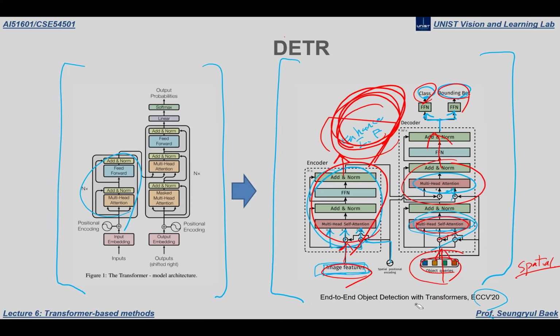Okay, so a later trend of research for improving DETR was giving some spatial or semantic meaning to object queries, which helps make DETR work better. Okay, so we will see that later.